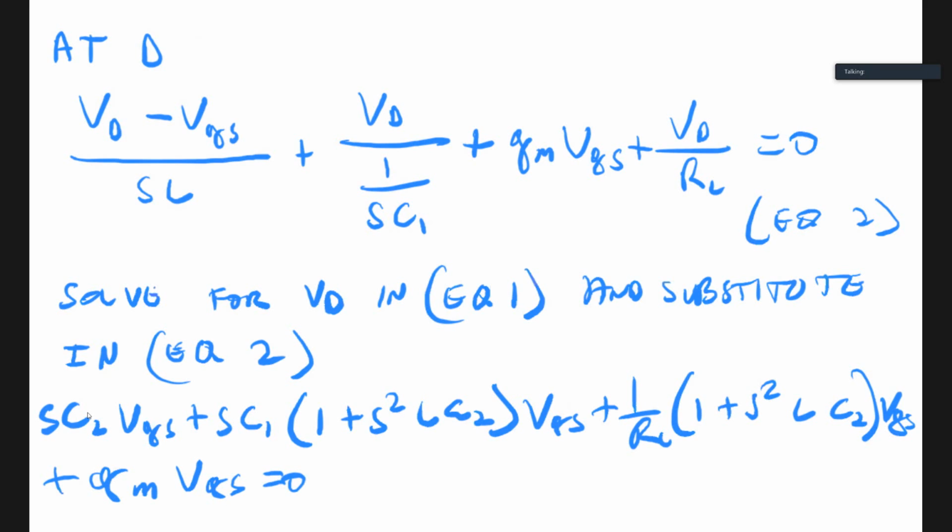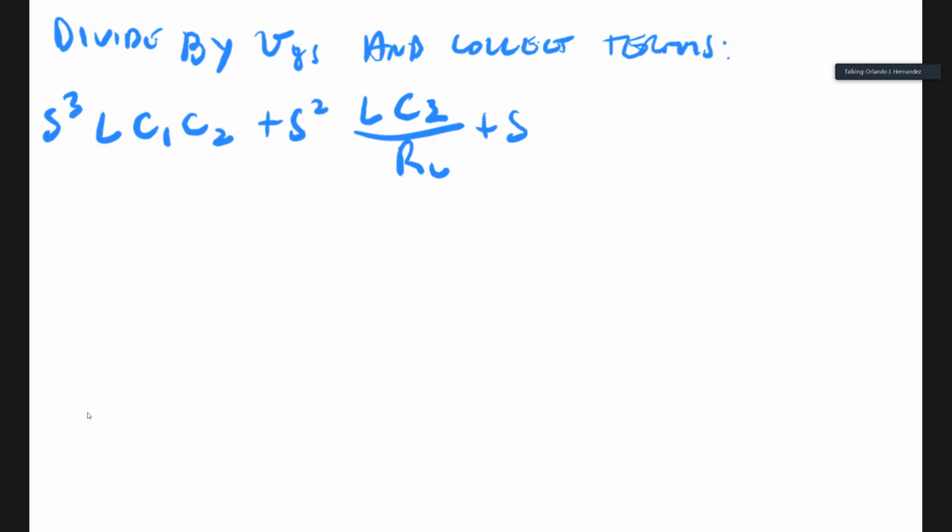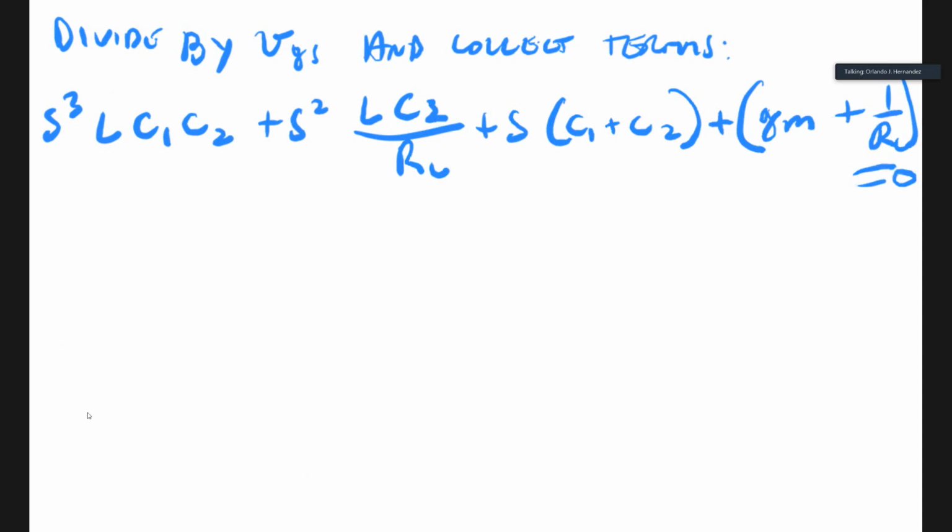So when we divide by VGS and collect terms, we get S cubed L C1 C2 plus S squared L C2 divided by RL plus S times C1 plus C2 plus GM plus 1 over RL, and that's equal to 0.